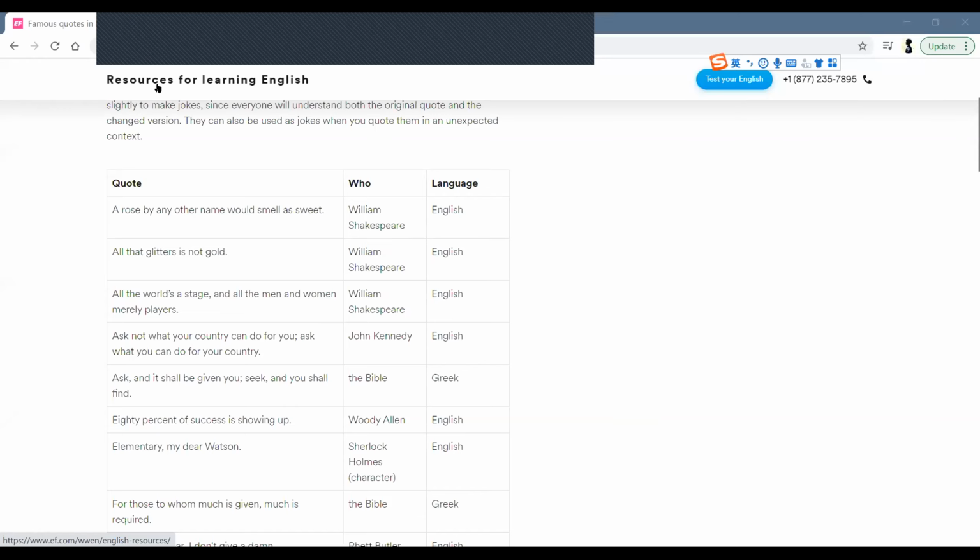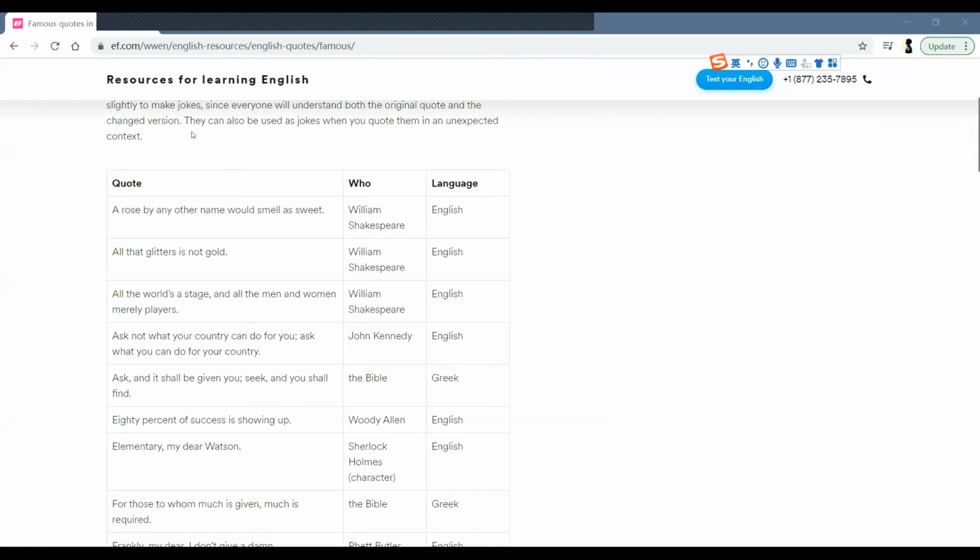Okay, and here are other famous quotes in English. For example, the famous writer William Shakespeare, who is from the UK.